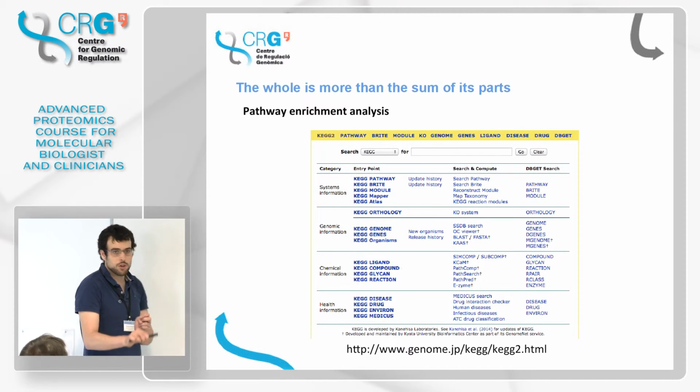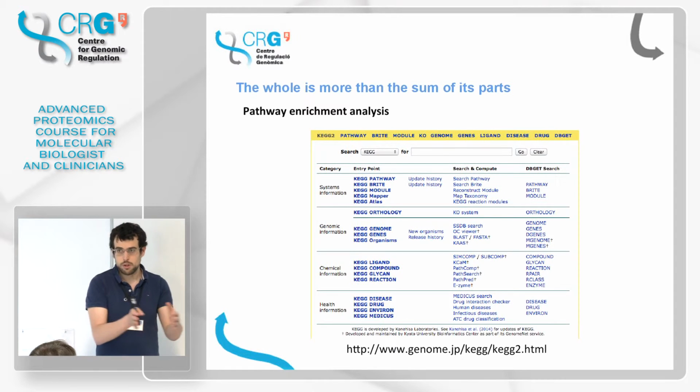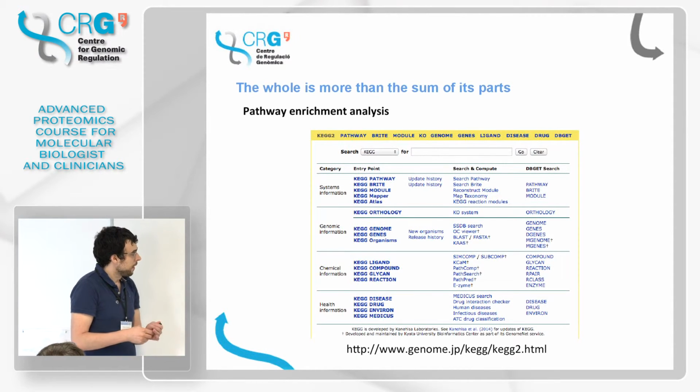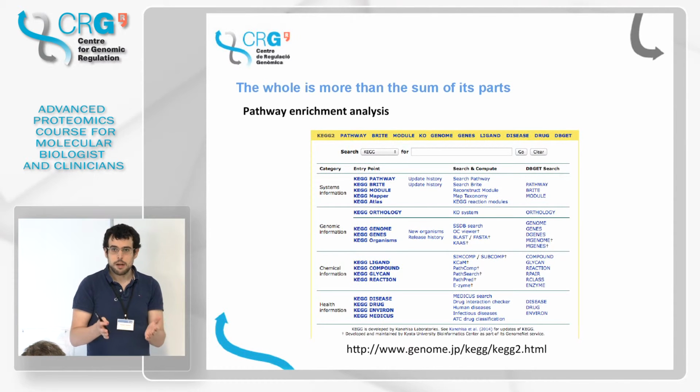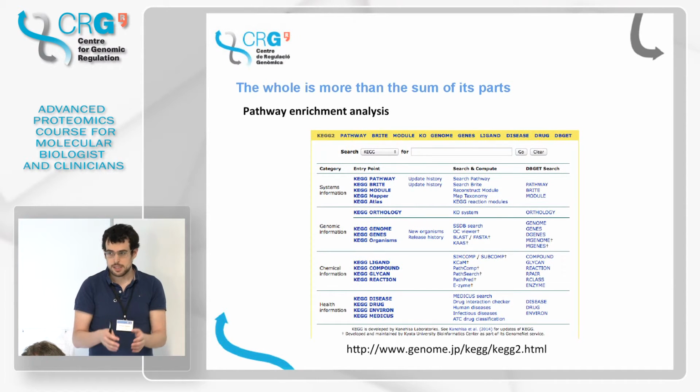This is a repository or a database that links every protein in the proteome to a particular function or particular metabolic or signaling pathway. And then we can ask, among my significant proteins, which are the pathways that are more enriched in this subset, right?